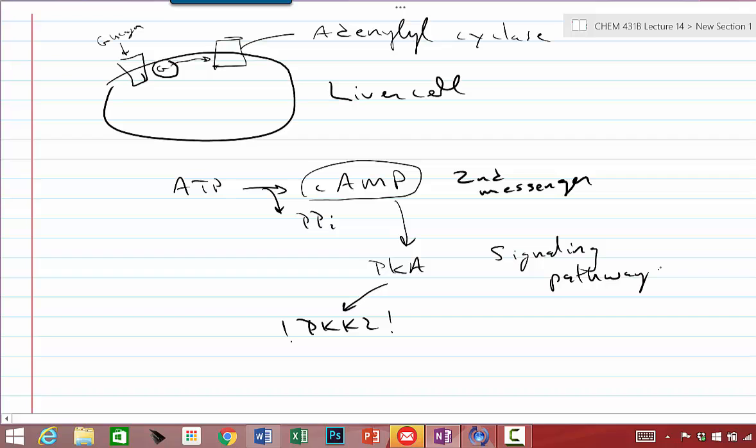And our cells are filled with these signaling pathways that cause certain responses to hormones and small molecules. So that's how this protein, phosphofructokinase 2, gets regulated.